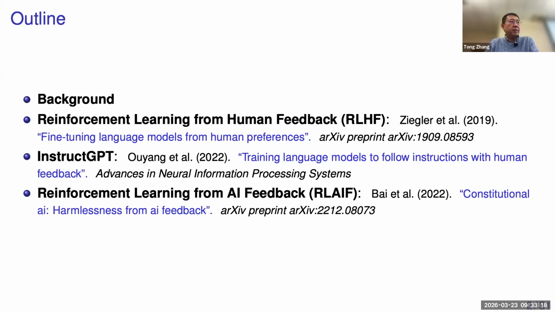Here it is the same. We can use data from AI feedback instead of human feedback in reinforcement learning. That is the idea, which also has other follow-ups.